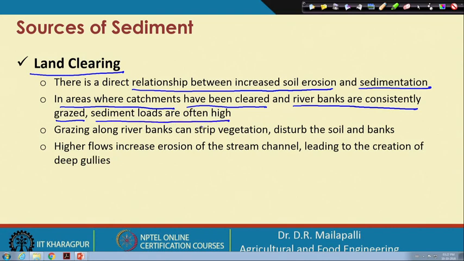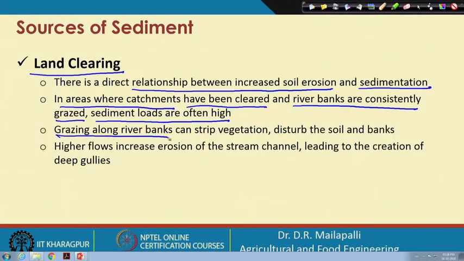When river banks are grazed, the vegetation which holds the soil is loosened. Once the soil is loosened, the runoff due to rainfall will take over the loose sediments, so land clearing is a source of sediments.